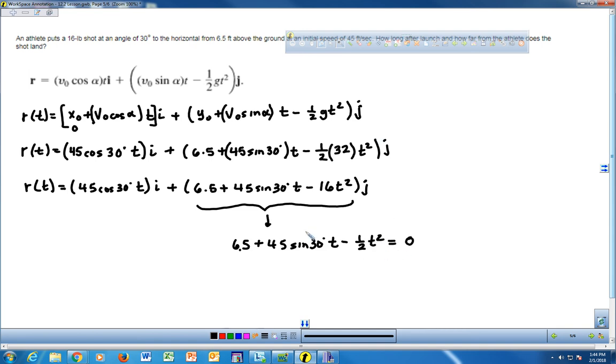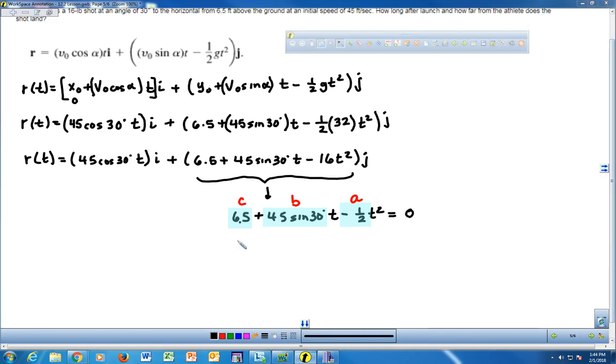And you see that this is a quadratic equation, ax squared, so this is my a right here, plus bx, this is my b, plus c, that is my constant. Ax squared plus bx plus c equals 0. So using the quadratic formula, we're going to solve for t.